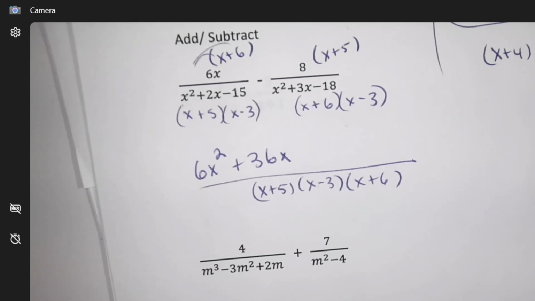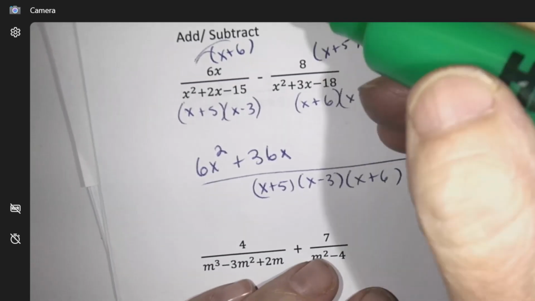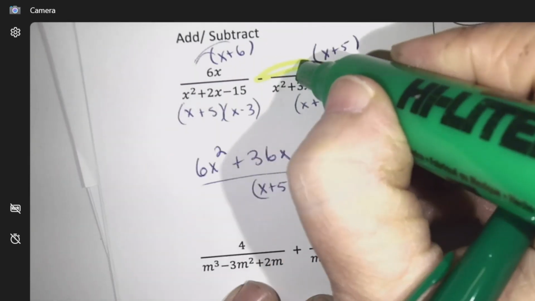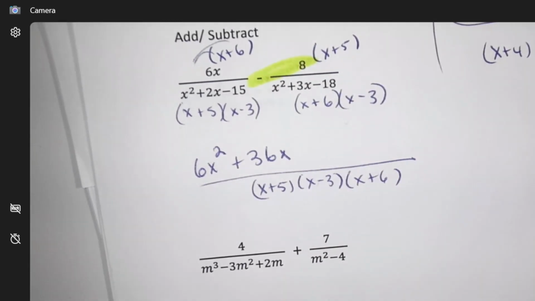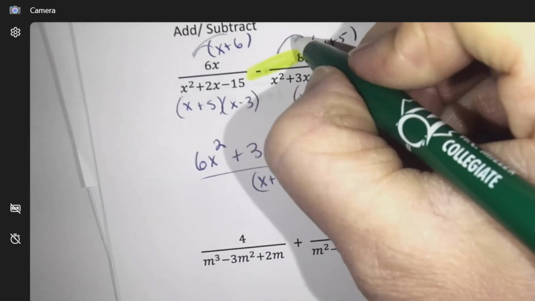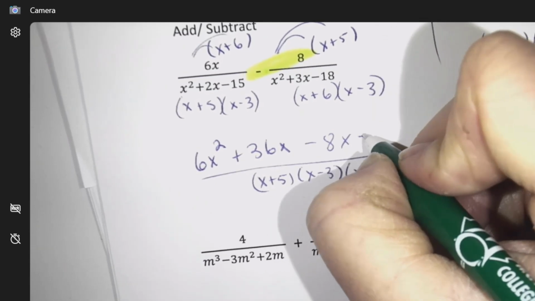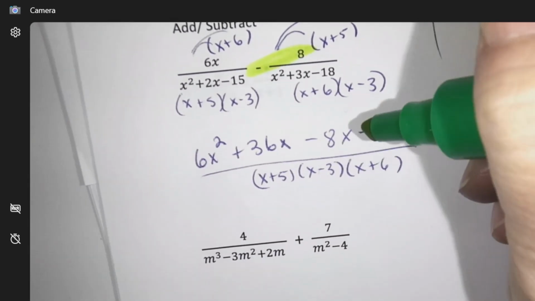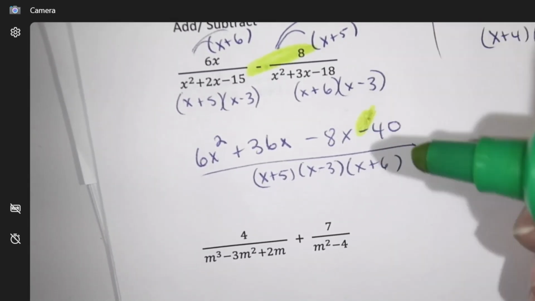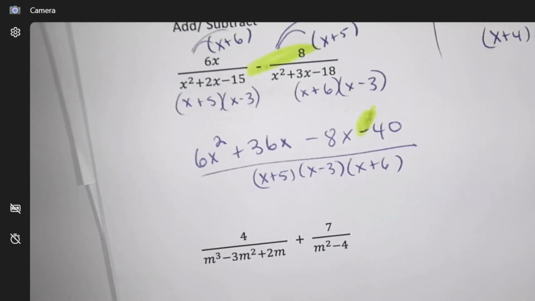And then, here's where I catch the mistakes on the next one. I know somebody's going to do it, so don't make it you. That's the spot that people forget.